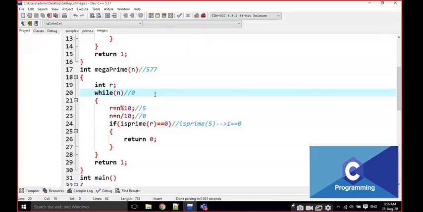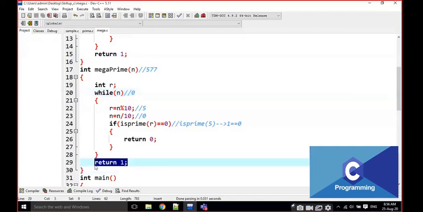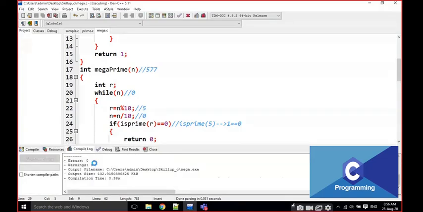Then while of 0, it is coming outside the loop and it is going to return 1 here. Return 1 means it is a mega prime. If each and every digit in that number is a prime, then it is considered a mega prime.